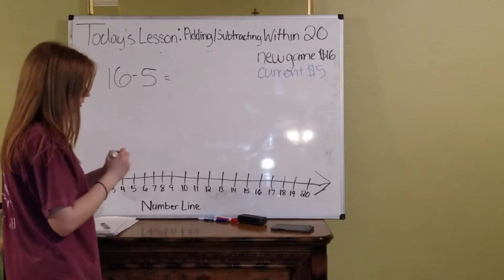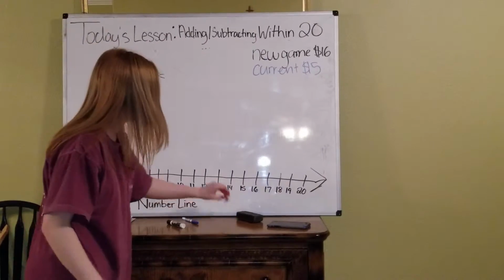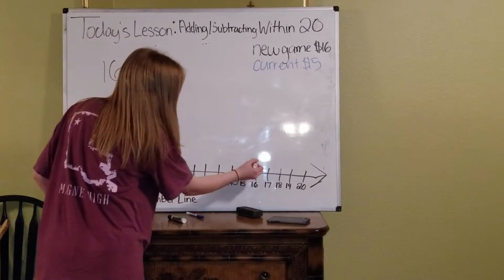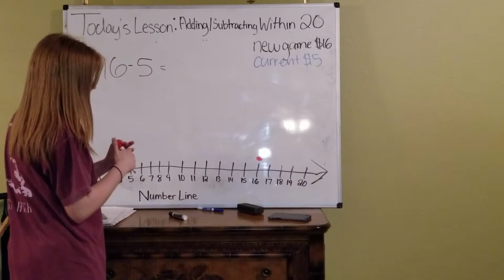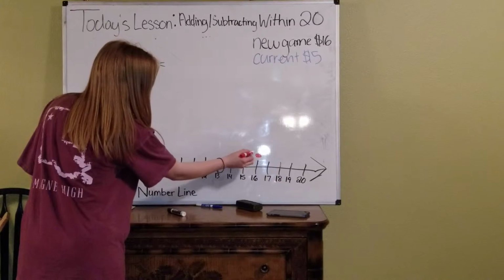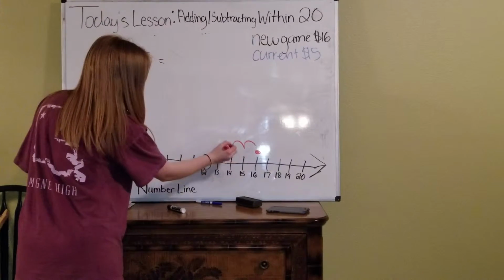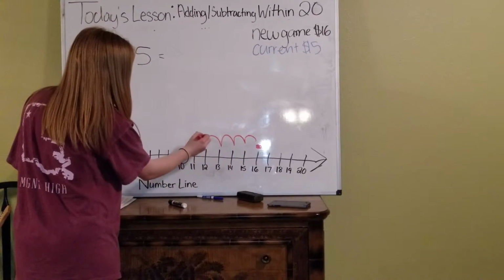And if you can recall, we're going to use our number line. So 16 right here. We're going to jump back 5. So 1, 2, 3, 4, 5.